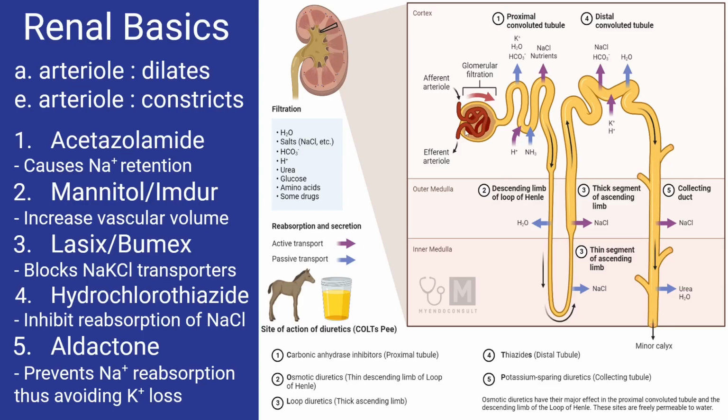As that vessel exits, it's still an artery, still carrying arterial blood. It's known as the efferent arteriole. That's allowed to constrict to potentially increase the engorgement and pressure exerted on the glomerulus. This constriction and dilation balance is what's capable of changing the glomerular filtration rate.